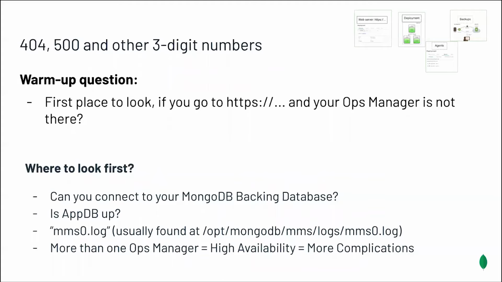So the problem should be in the web server. And usually it's not in the application itself, but in the AppDB. AppDB is a database where the web server stores all of the data related to the Ops Manager application, like users, permissions, etc. So you should go to the place the AppDB should run, check if it's accessible, if it's up and running, and the clue for the problem you may want to find in mms0.log.